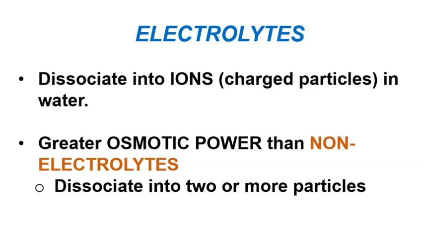So for example, sodium chloride will dissociate into positively charged sodium ions and negatively charged chloride ions. So from that one molecule, we get two dissolved particles, two particles that come from a single substance that has been dissolved in that water.